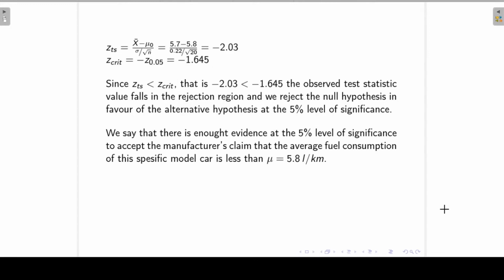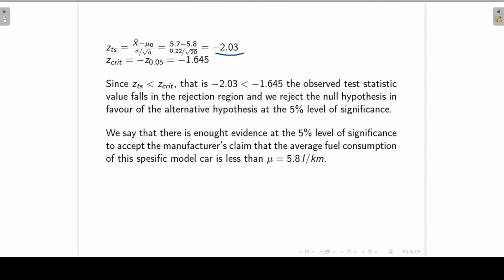In the previous lecture, I showed you how you calculate a standardized test statistic from the sample data. And for our example, we calculated the test statistic as minus 2.03. Then we compared that to our critical Z value, negative z 0.05, as minus 1.645.